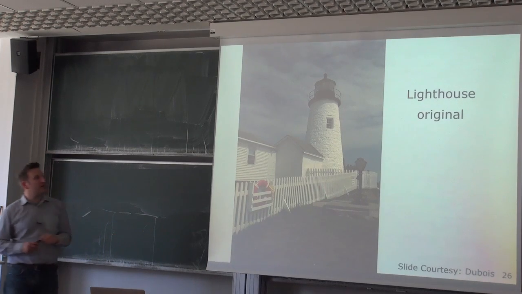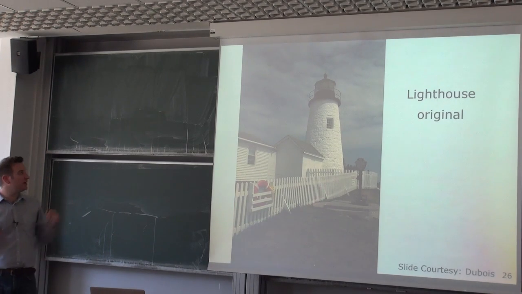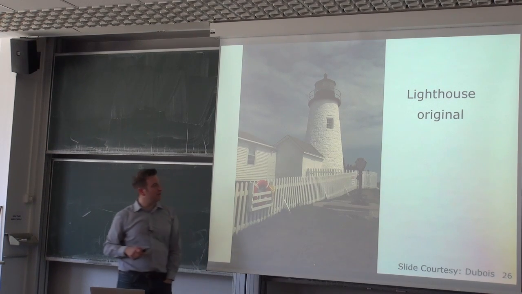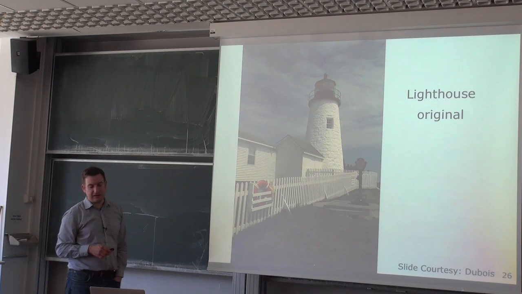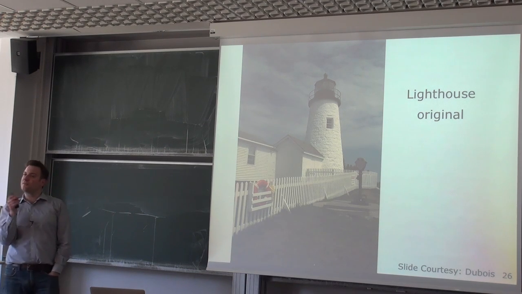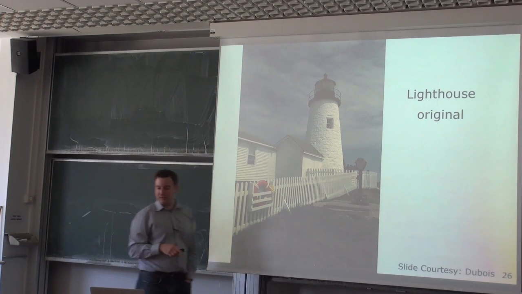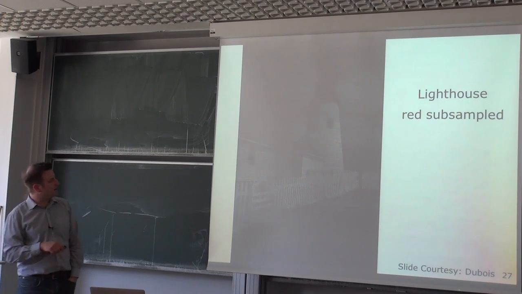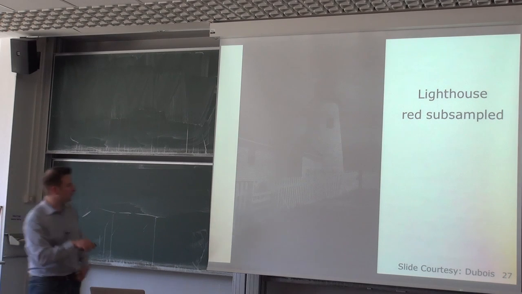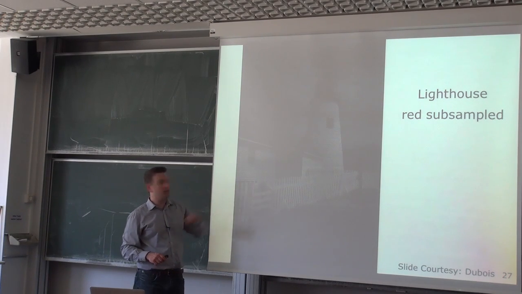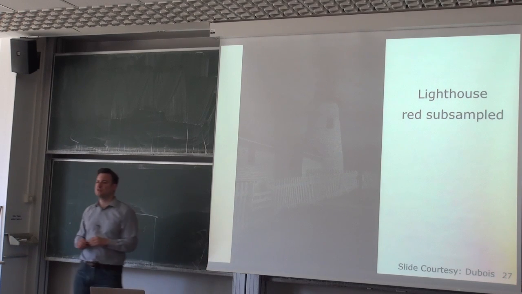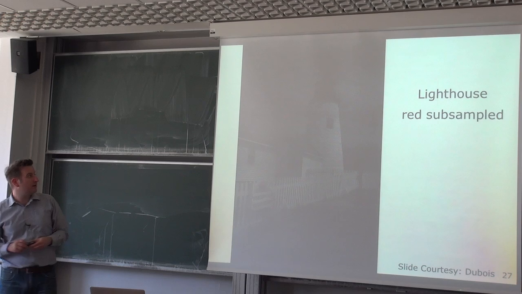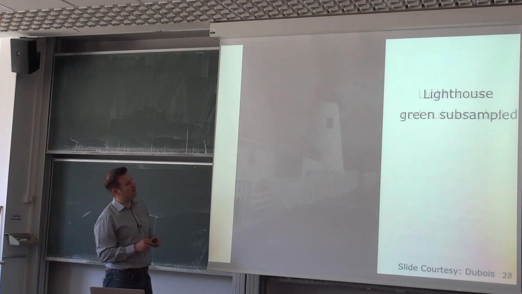So if I take the original image, where I have an RGB value for every individual cell over here, then, just for illustrating this purpose, I take only those pixels which are red pixels, and the other ones I make black. So everything which is white now is an intensity value which corresponds to those pixels which measure the red intensities. I can do this for green.